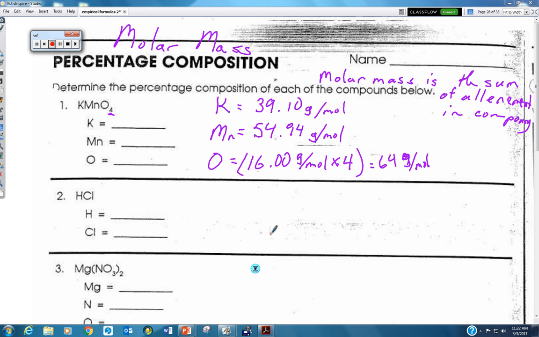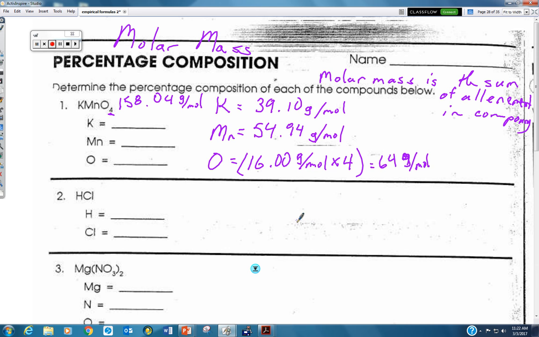Alright, so to calculate potassium permanganate's formula mass, we're going to add 39.10 plus 54.94 plus 64 grams of oxygen, and we should get 158.04 grams per mole.